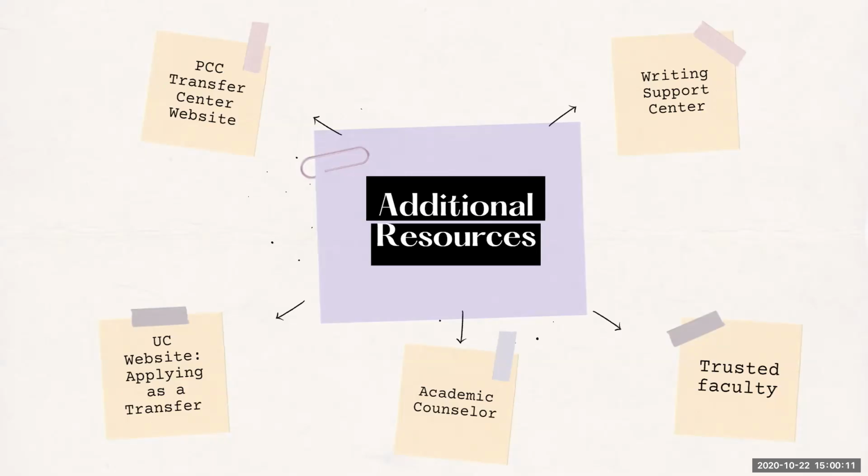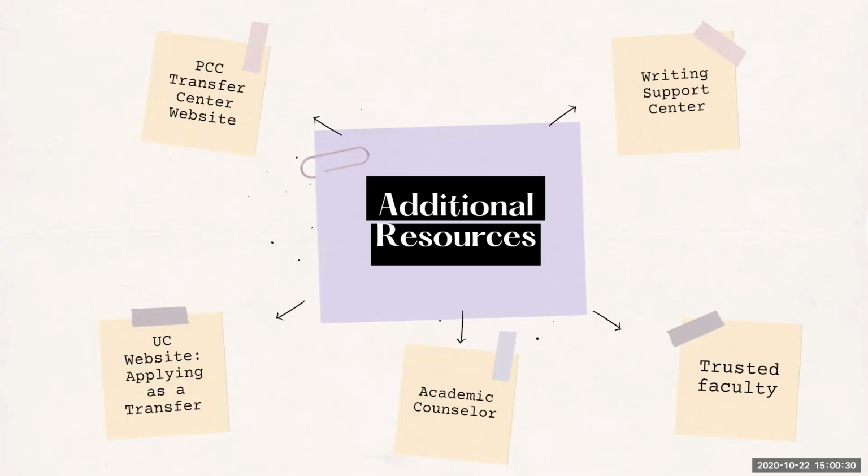There's also the UC website, applying as a transfer. That is where you can find the UC personal statement, personal insight question handout, along with additional tips that they have.